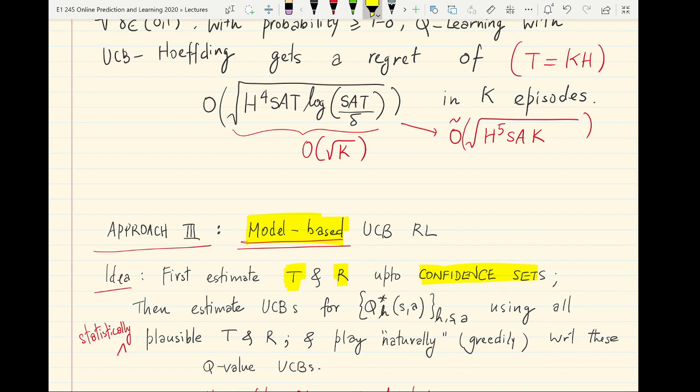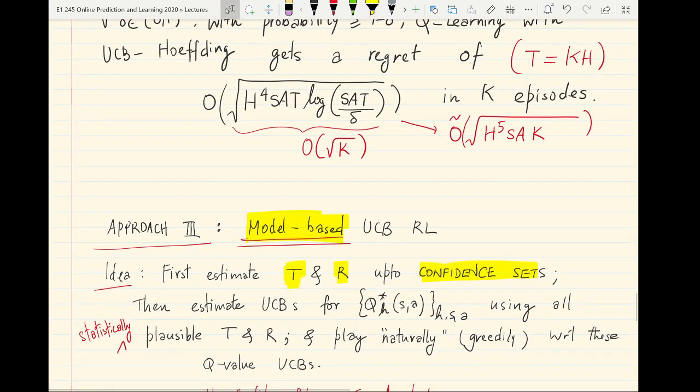And then once we have good enough estimates for T and R, one could try to directly estimate the optimal policy for that proxy for the real T and R. That is what model based reinforcement learning proposes.